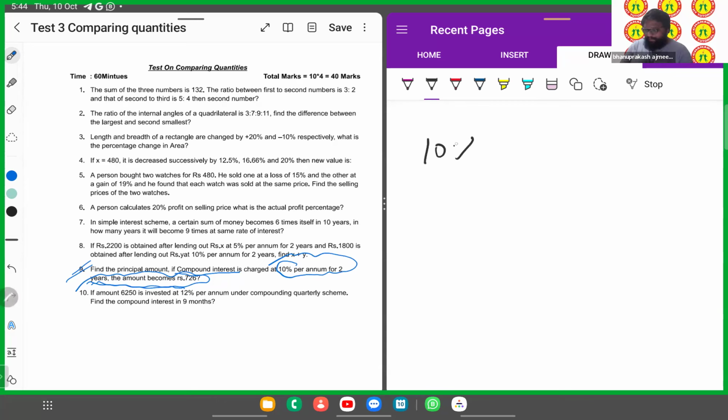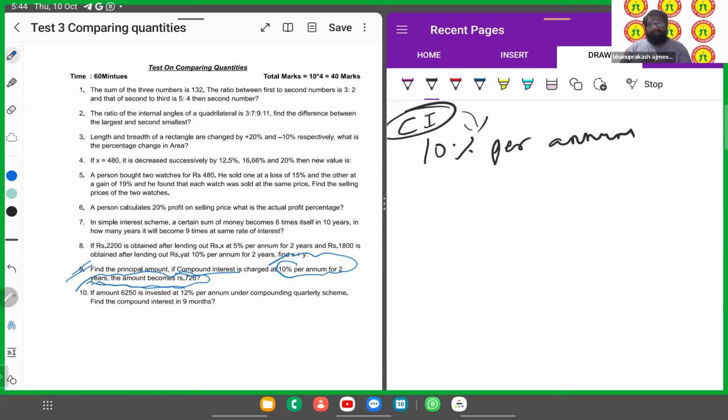So 10% per annum is given. Here it is clearly mentioned compound interest. In the previous question, they didn't mention compound interest, so we took it differently. You made some mistake, I guess, Charantej. Please find it out once.